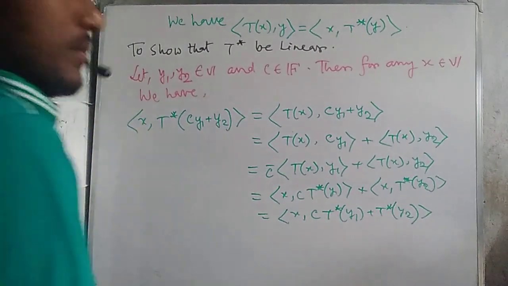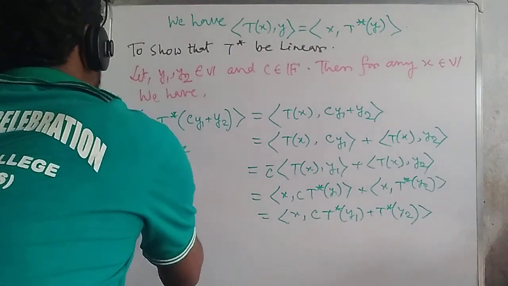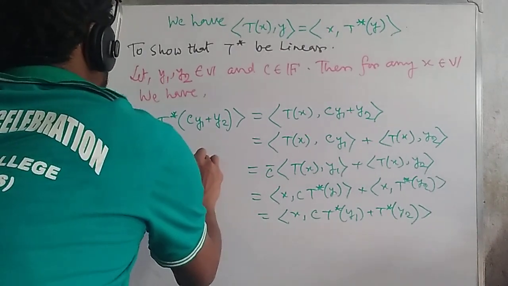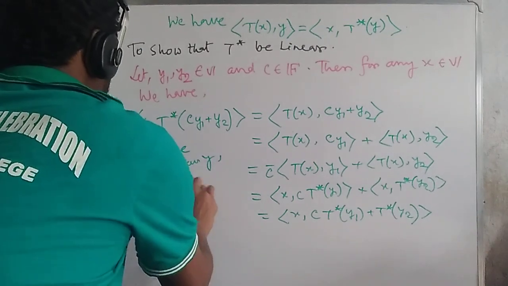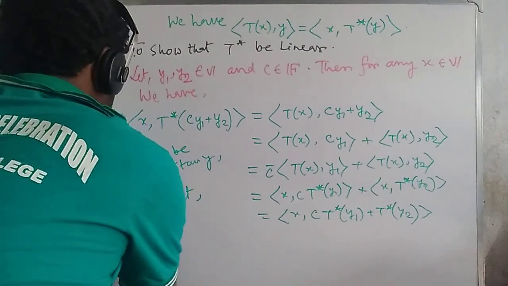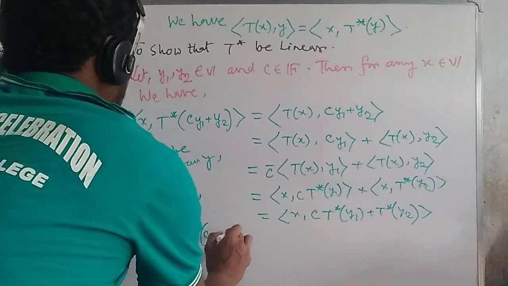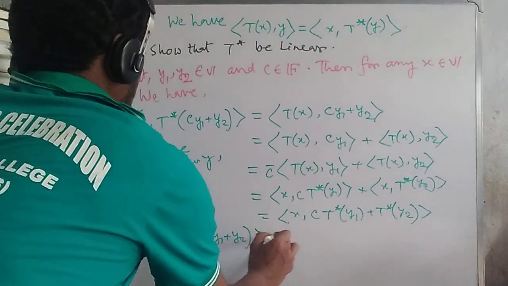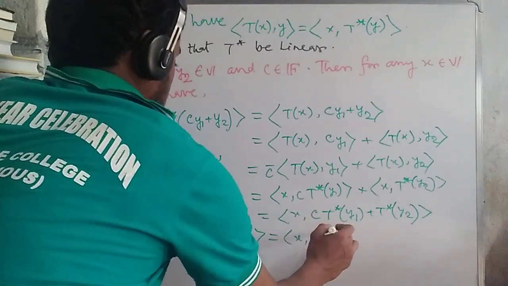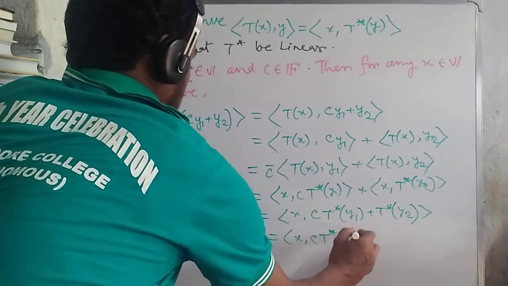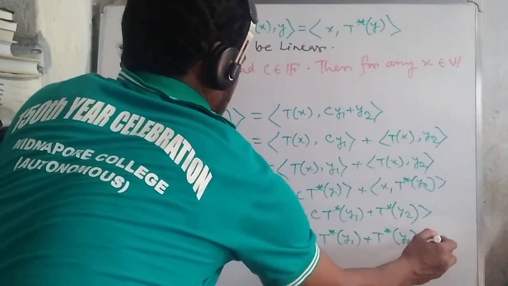Since x is arbitrary, we get ⟨x, T*(cy1 + y2)⟩ = ⟨x, cT*(y1) + T*(y2)⟩.